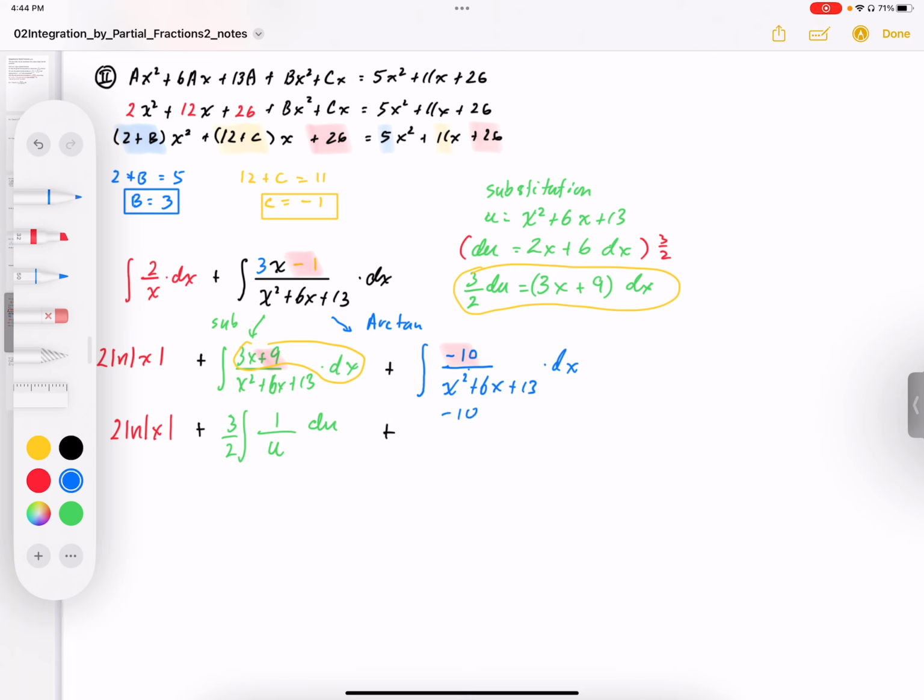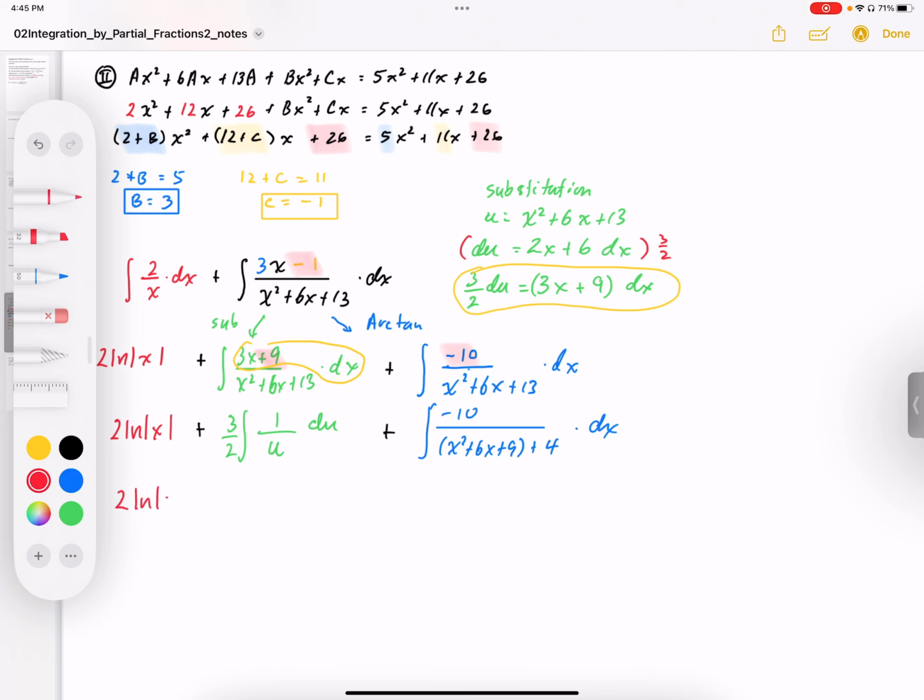So for arctan, I need to have a perfect square in the denominator. So this is going to end up being x squared plus 6x plus 9, and then plus 4 dx. Okay, so I can now keep integrating here.